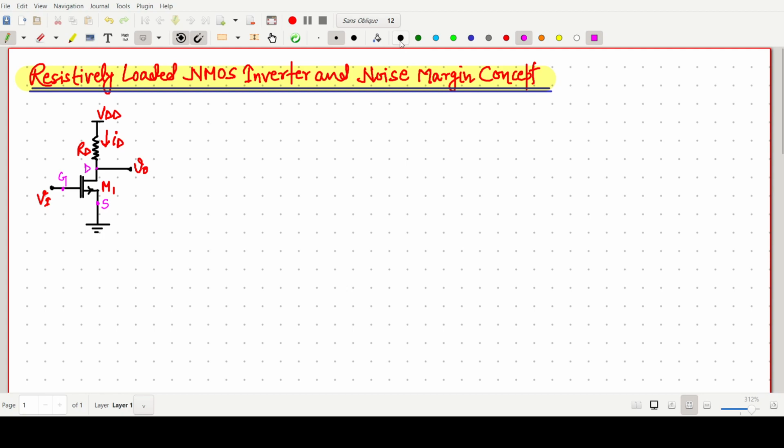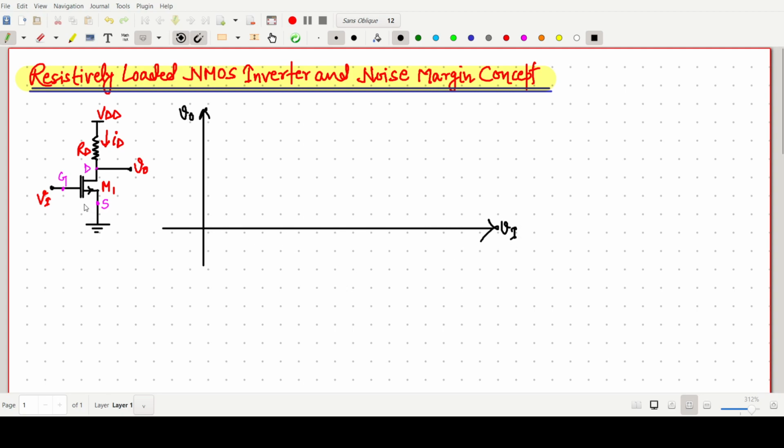So if anyone has to plot the graph between V naught, the output voltage, and the input voltage, say Vi.